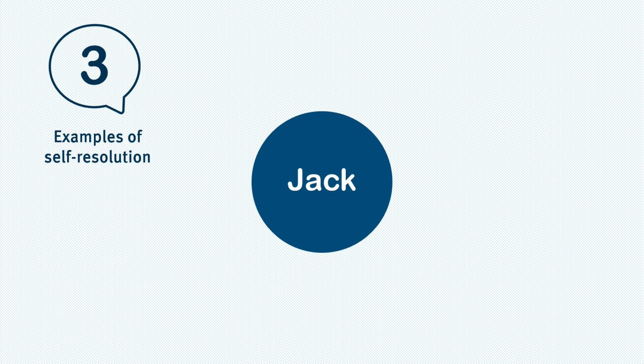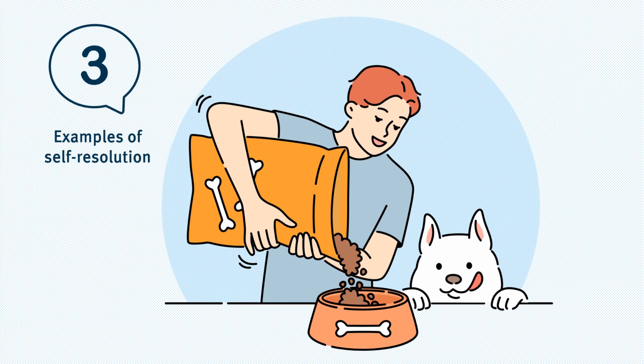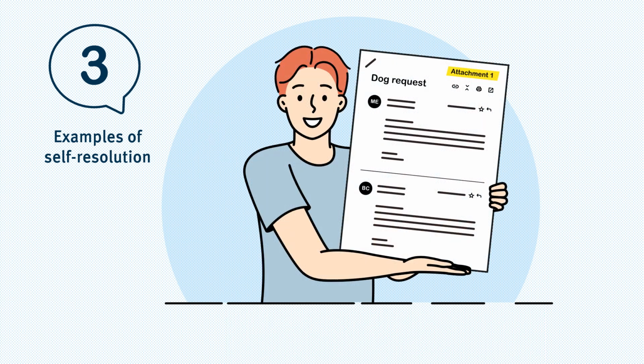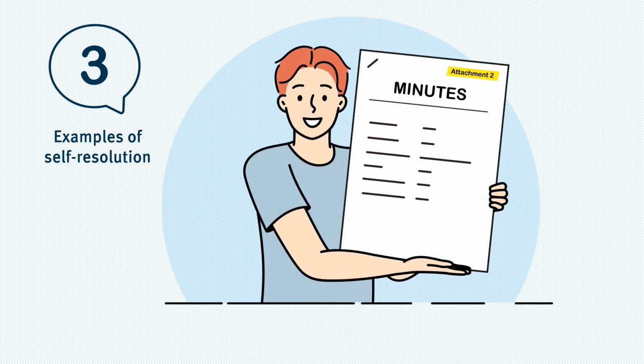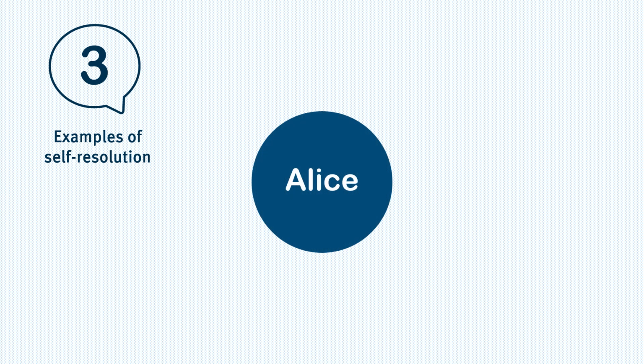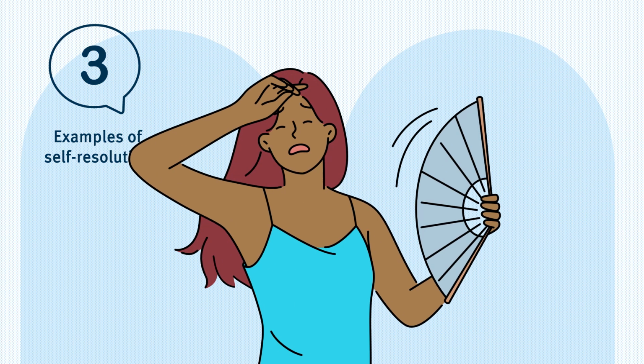Jack's body corporate decides against him having a dog in his unit. So, Jack provides us with a copy of his request to have the dog, the minutes from the committee meeting that denied his request, and any correspondence relating to the request. Alice wants to install an air conditioner in her flat before the next hot summer.